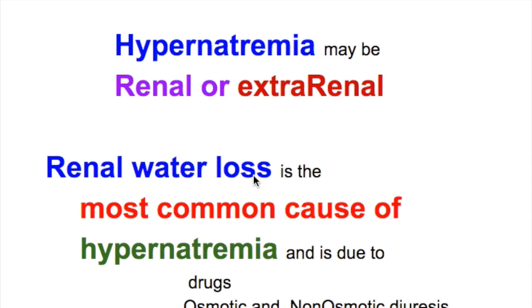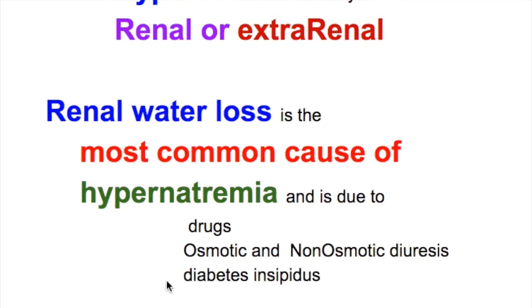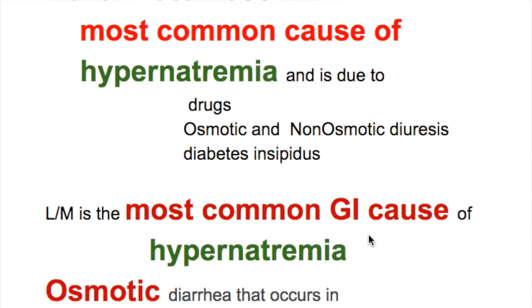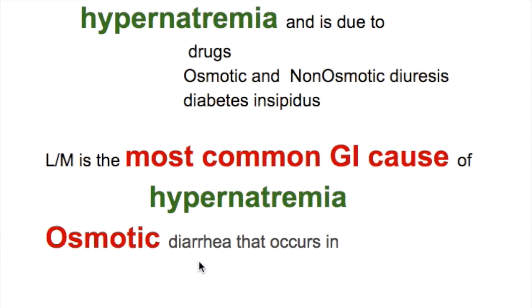So renal water loss is the most common cause of hypernatremia and is due to drugs, osmotic and non-osmotic diuretics, and diabetes insipidus. And diarrhea is the most common gastrointestinal cause of hypernatremia.